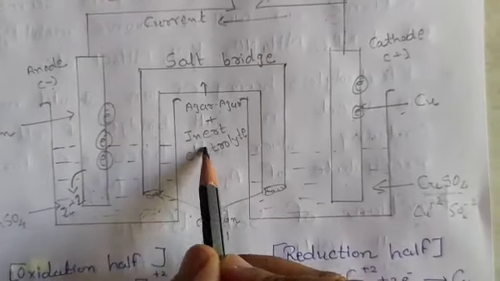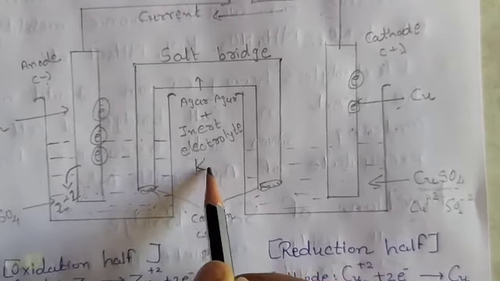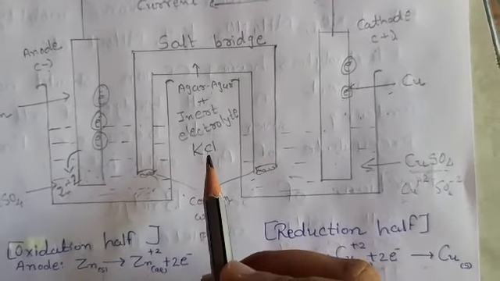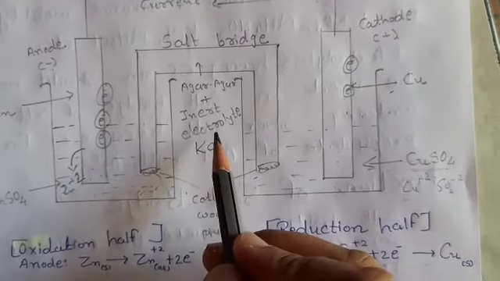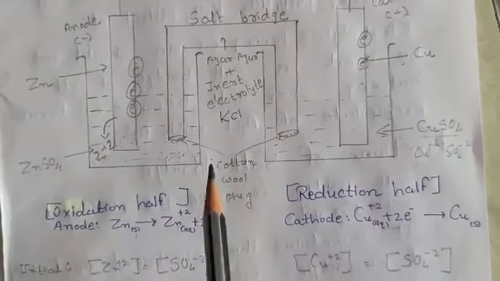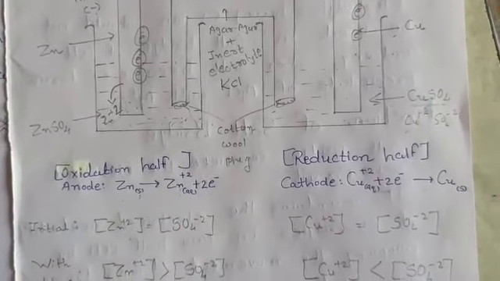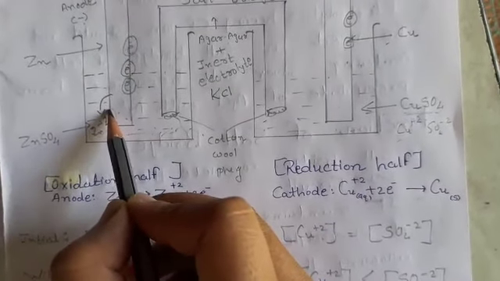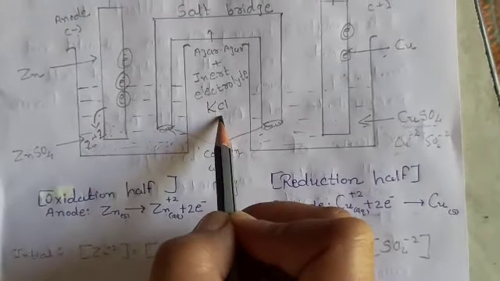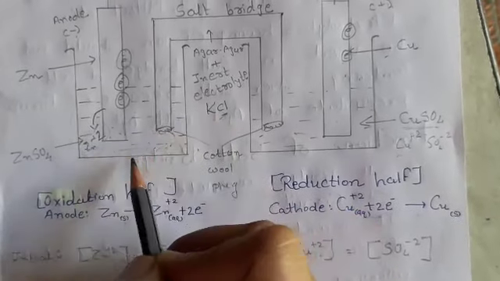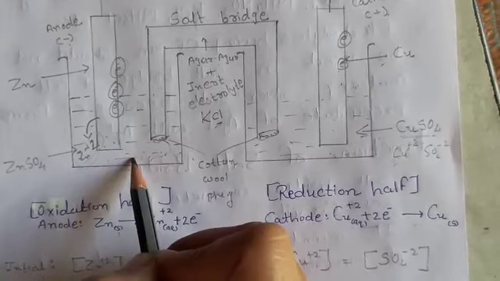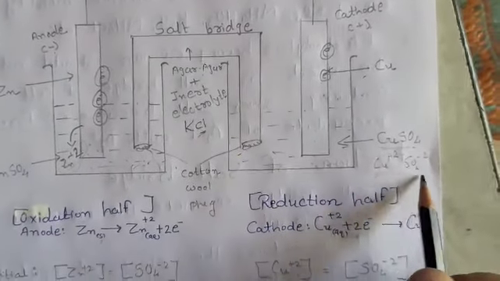Because in the salt bridge we use inert electrolyte, means if we use KCl, then during reaction that inequality is generated, right? Here Zn+2 concentration increases. KCl provides Cl- ion to this solution, so it becomes neutral.